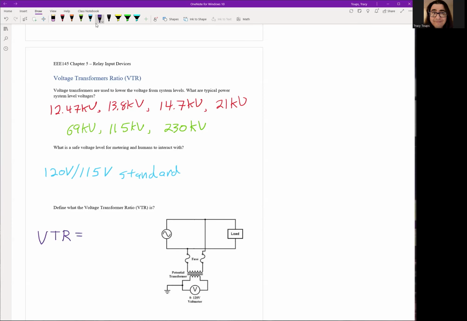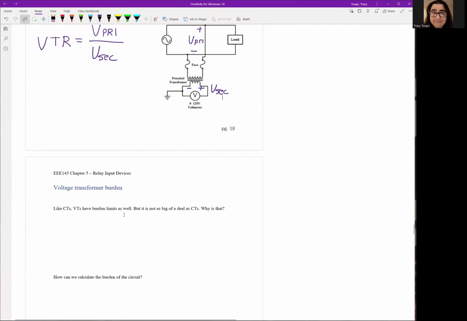How do we define that? That's your voltage on the primary side divided by your voltage on the secondary side. This is your voltage between here and here, this is your V primary. And your voltage across here and here, this is your V secondary. And just like before, we could choose the ratio to meet our needs.